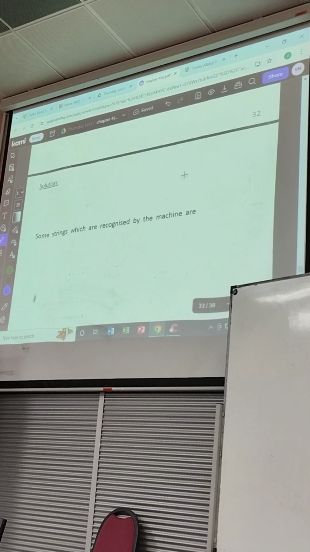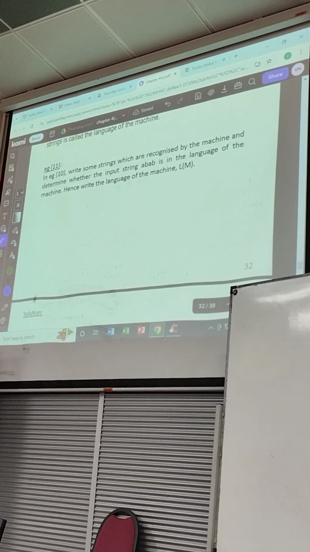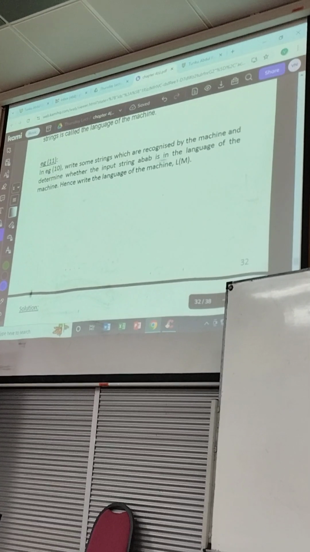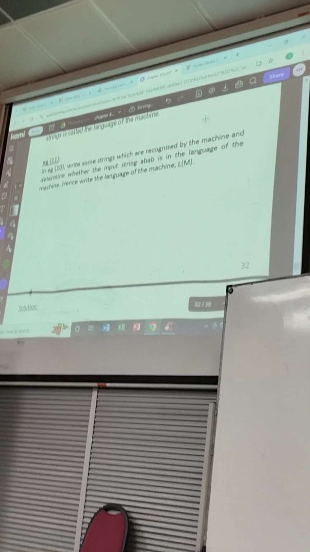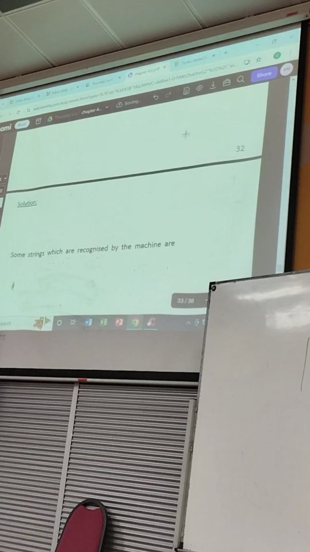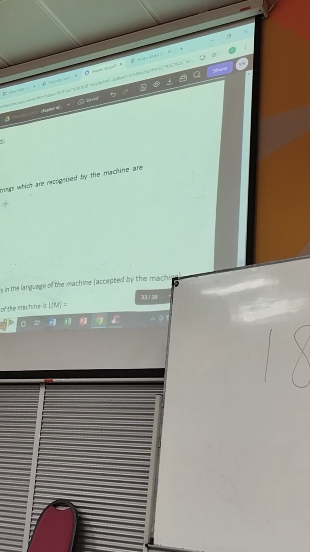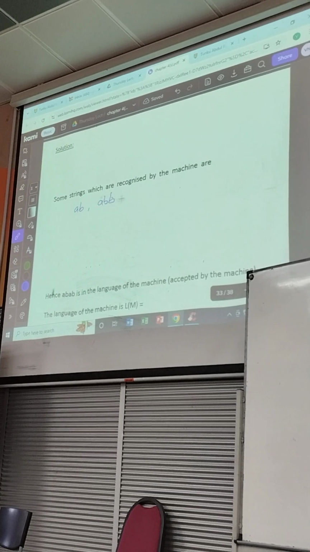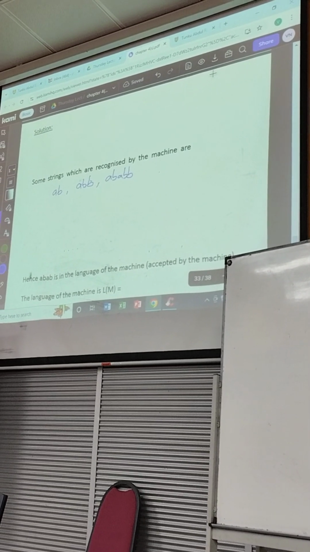Now, they ask you whether the input string AB is in the language of the machine, and then write the language of the machine, LM. Okay, now for this one, I already show you the strings that are recognized by the machine, and you also know already, you can write AB, you can write ABB, and so on.